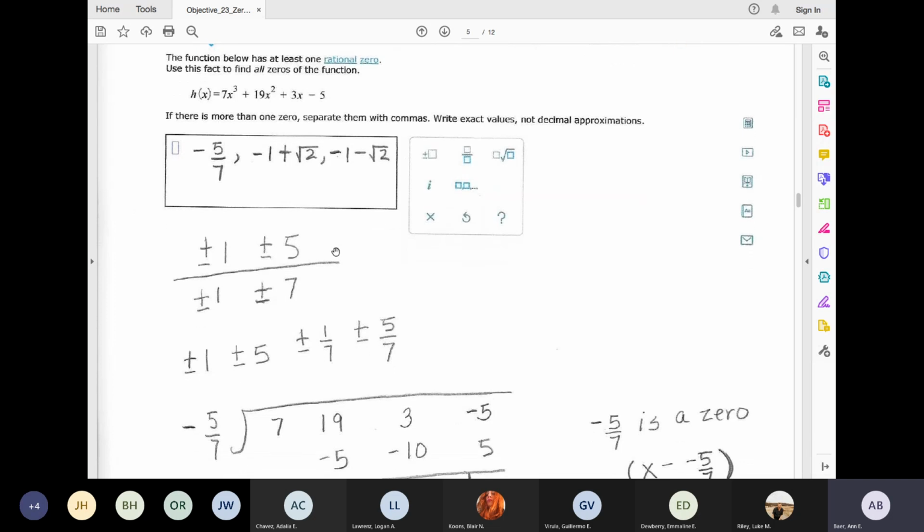So if we put this in our calculators, which we need to do because there's another way that the calculator can help us besides the table. Let's go ahead. I'm going to copy this down. H of x equals 7x cubed plus 19x squared plus 3x minus 5.